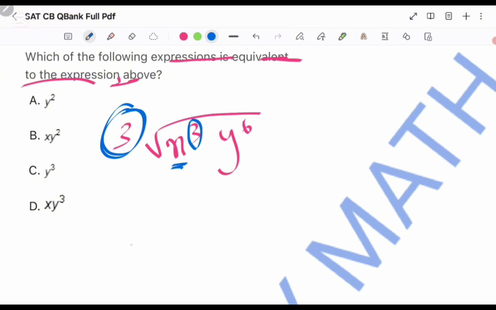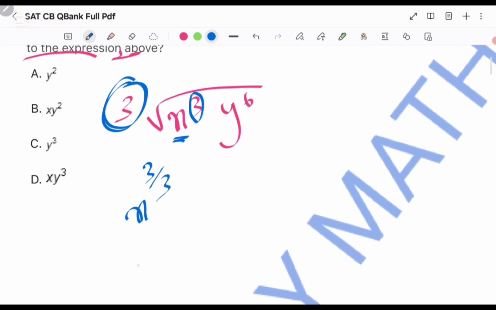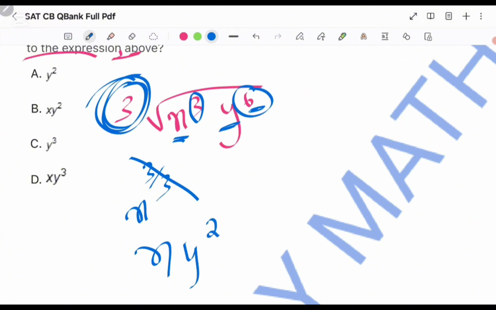So this x is like x power 3 over 3, which is x power 1. So this x can just be an x alone, and then here we have the y power 6. And then you can just say that 6 over 3 is 2. So this is actually y power 2.